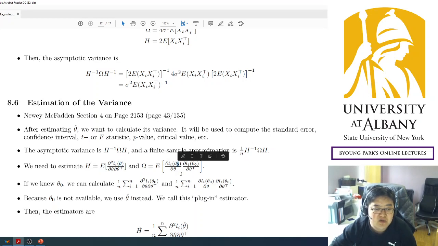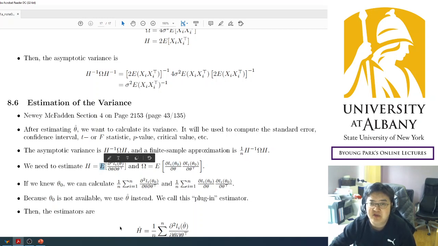So theta 0 is unknown. That is our problem. If you know theta 0, then the population mean is easily estimated by the sample mean. So the expected value of the second derivative can be estimated by the sample average of the second derivative. Similarly, you can replace expected value with sample average.